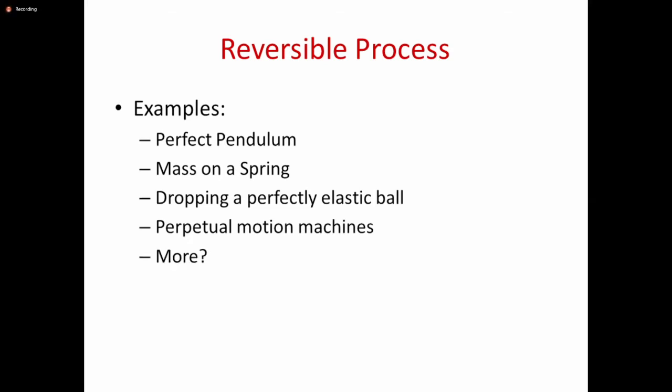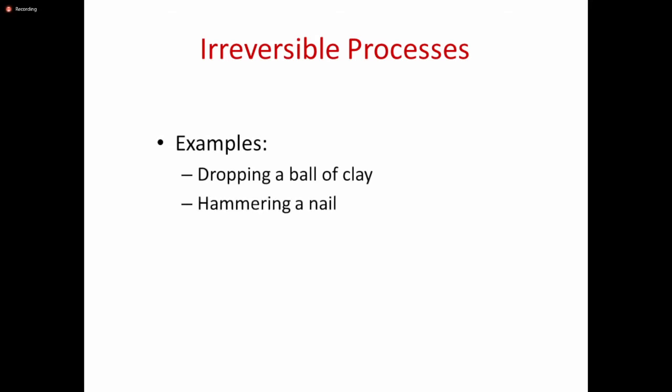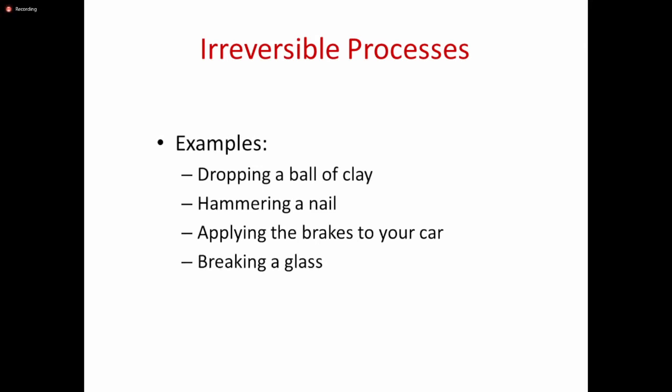And many more are obviously there. Irreversible processes. What are the different types of irreversible process? Dropping a ball of clay, hammering a nail, applying the brakes to your car, breaking of a glass, and many more.